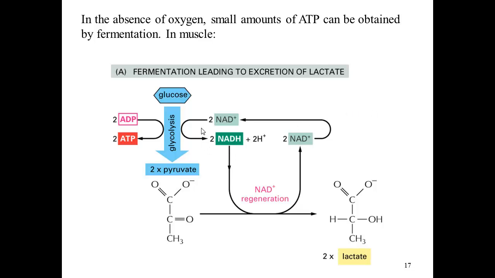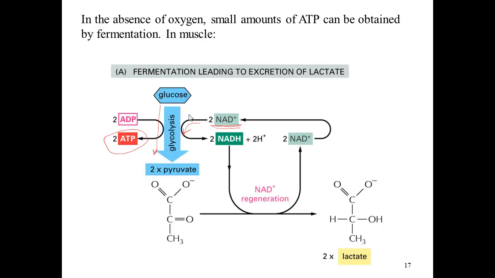And as you recall when we were talking about glycolysis, NAD+ is a required molecule to put in as a reactant for the process to go from glucose to pyruvate. And if you don't have oxygen present, the only way you're going to get ATP is if you continue to break it down. So that means you need a constant supply of NAD+.